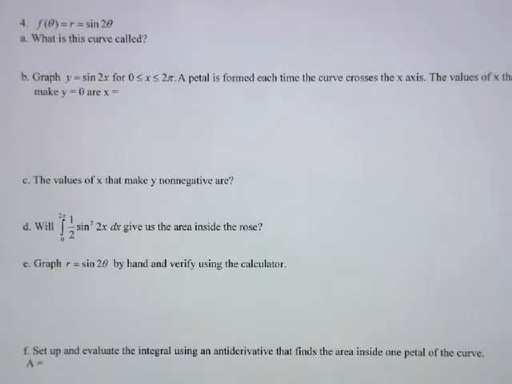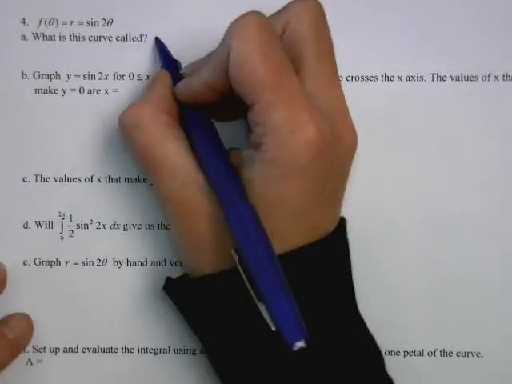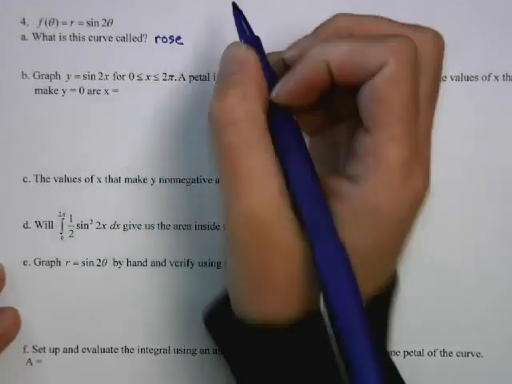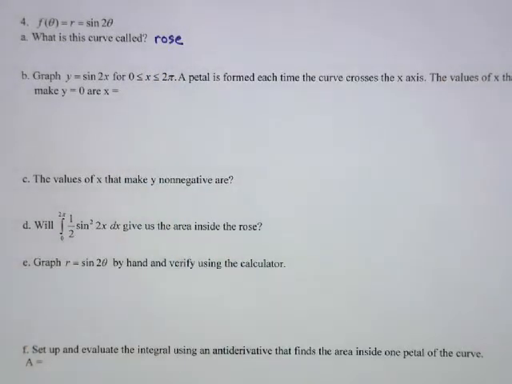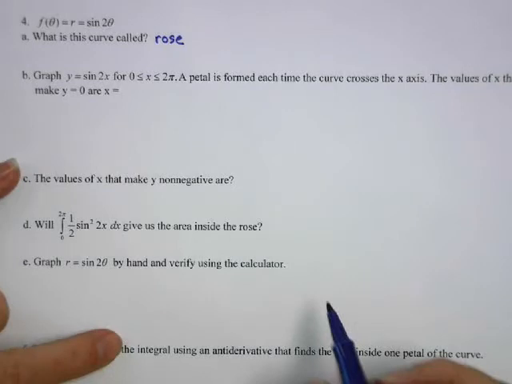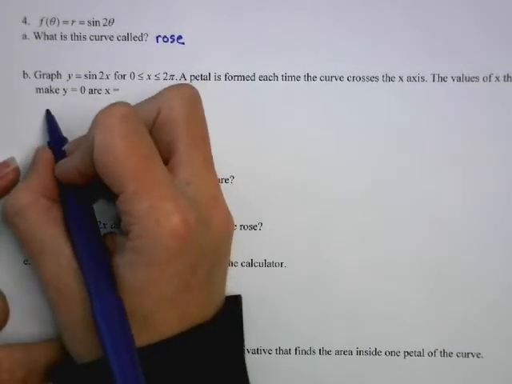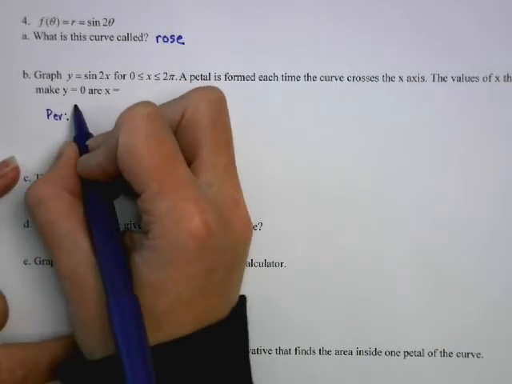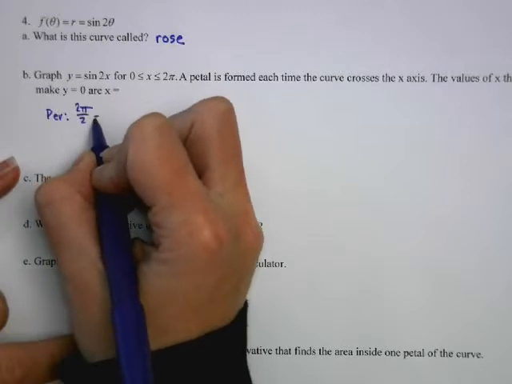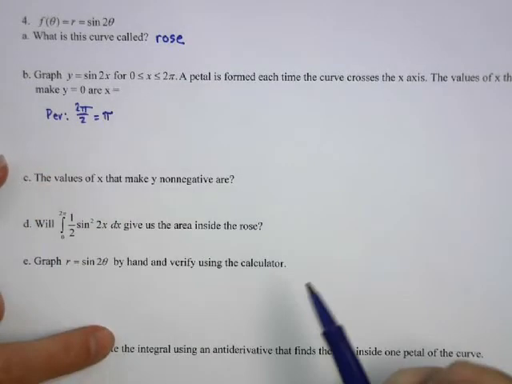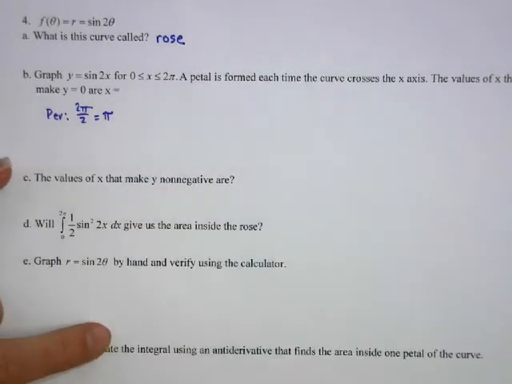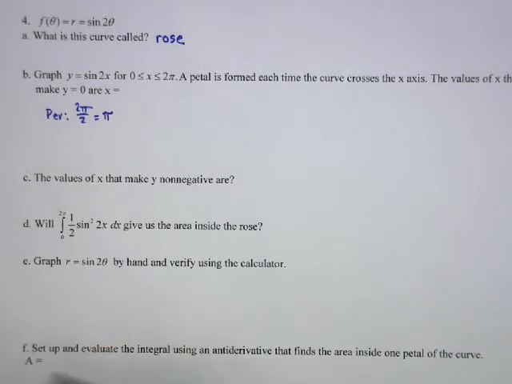Now we're going to graph sine 2 theta. This is going to be a rose. And we're going to graph it for 0 to 2 pi. So our period here is now going to be 2 pi over 2, which means our period is pi. So we're going to actually have 2 cycles from 0 to 2 pi.